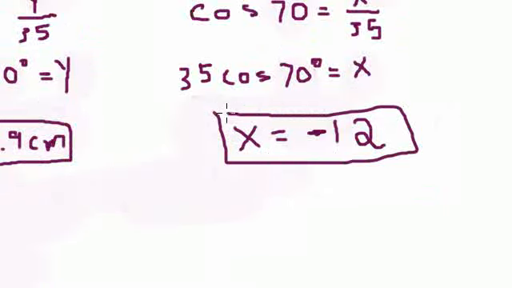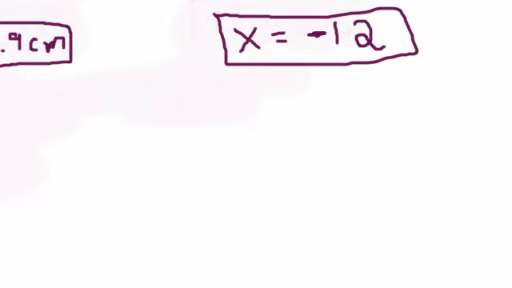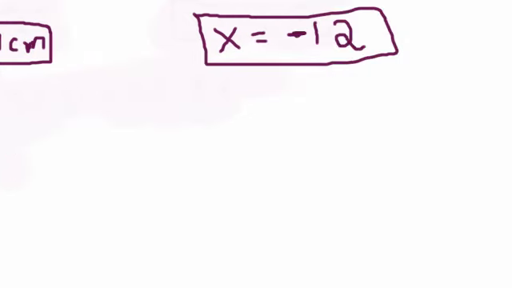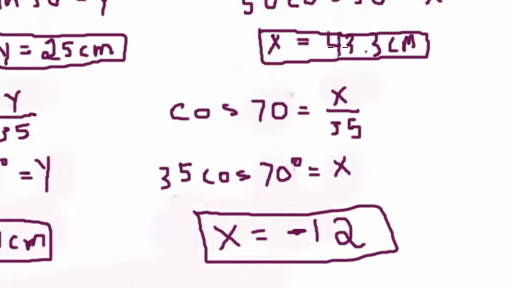Now what we need to do finally is find the sum of all the x components, and find the sum of all the y components. So for the first one, we said that x is equal to 43.3. So I'm going to write that down. X is equal to 43.3.